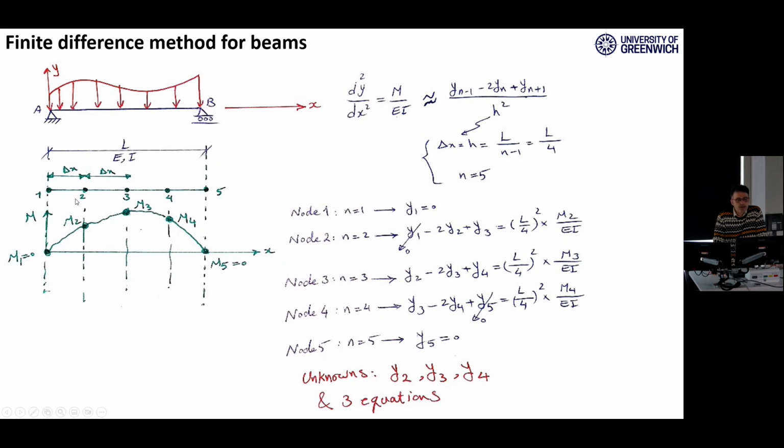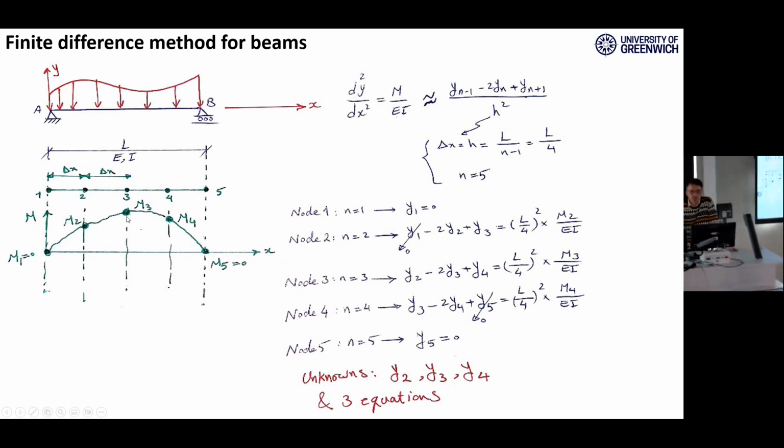And this is the curve of the internal moment over the beam. But assume that this is just a schematic of the internal moment. This is an arbitrary shape, not exactly the value.